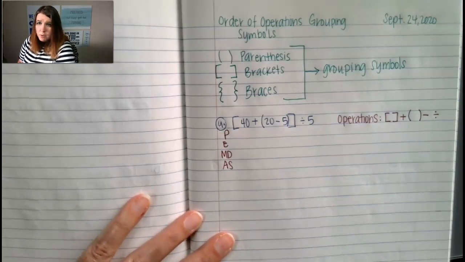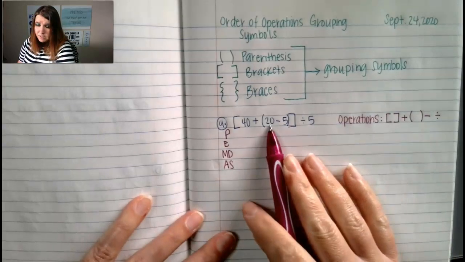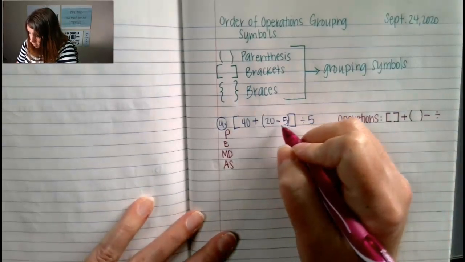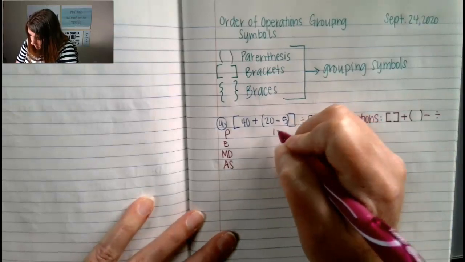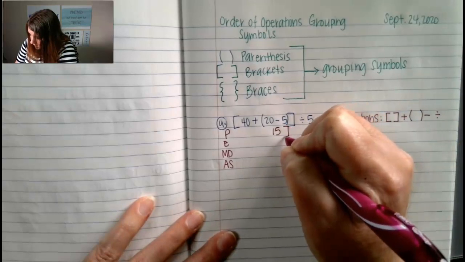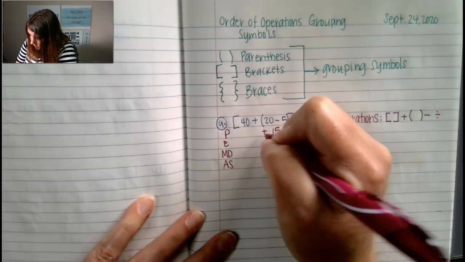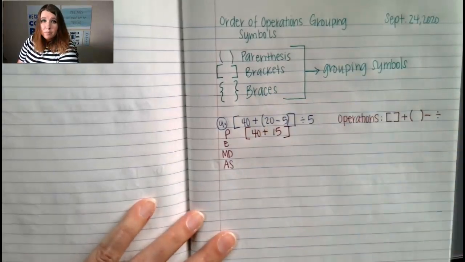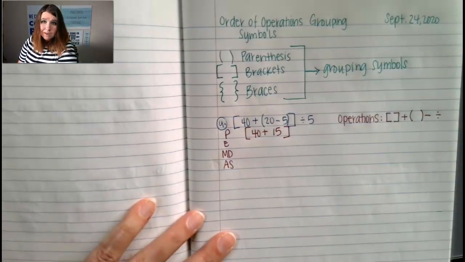In the innermost, we have parentheses, and that one is subtraction. So over here, I'm going to say 20 minus 5 is 15. Then I'm going to drop down this bracket, this plus sign, this 40, and that other bracket, because I haven't done those yet.